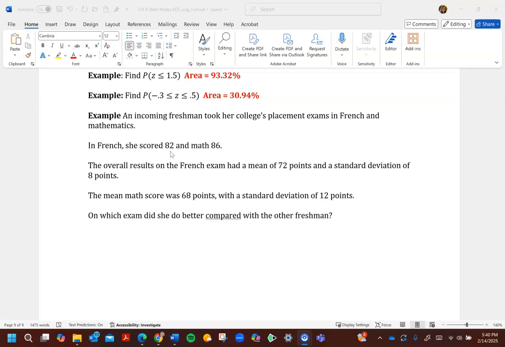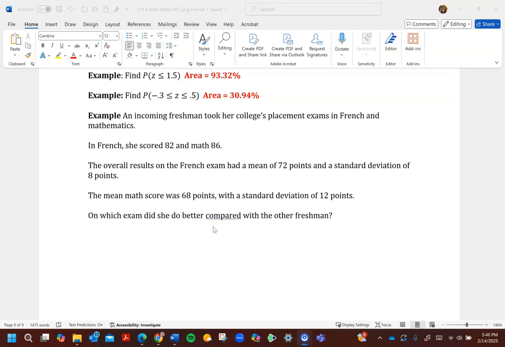In French, she scored 82, and in math, 86. So those were her X values. The overall results on the French exam had a mean of 72 points and a standard deviation of 8 points. The mean math score was 68 points with a standard deviation of 12 points. On which exam did she do better compared with the other freshmen?